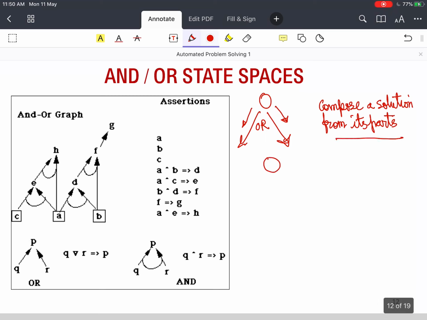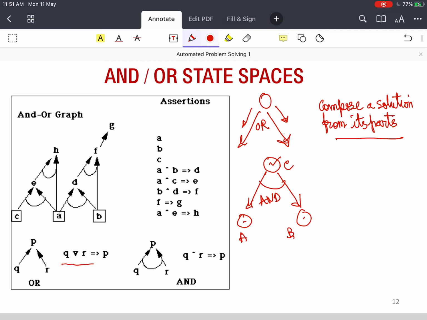And in such cases, the state transformation rules will be AND, which means that if I have to reach this state, I have to compose these two. If this is A, this is B, and this is C, then I have to compose A and B to form C. That means it is no longer a path, but a combination of paths.